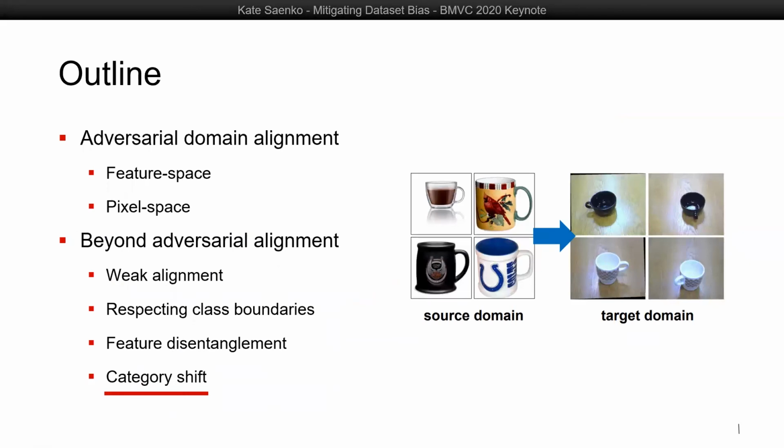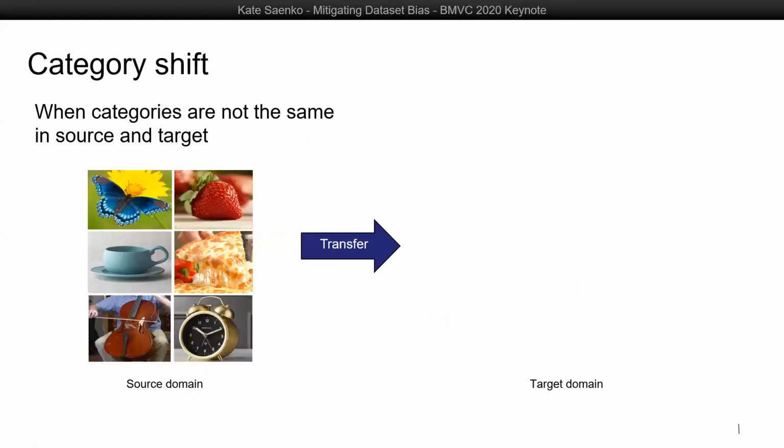Okay, so the last topic that I wanted to discuss is category shift. So far, we've assumed that in our source and target domains, the categories are exactly the same. But of course, in reality, we may have a source data set with labels for certain categories.